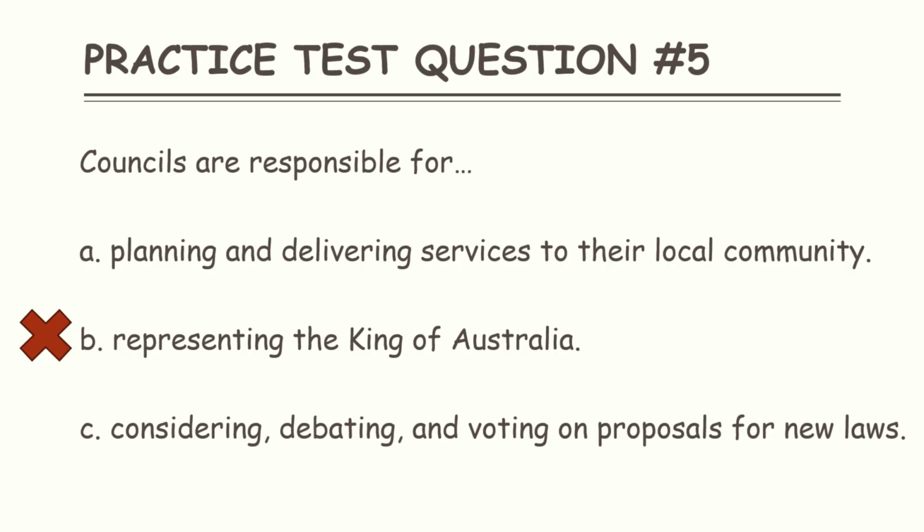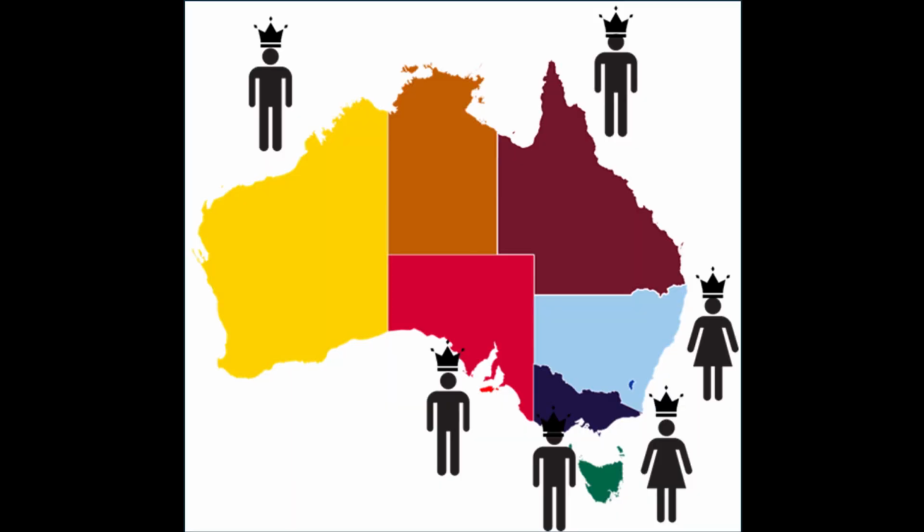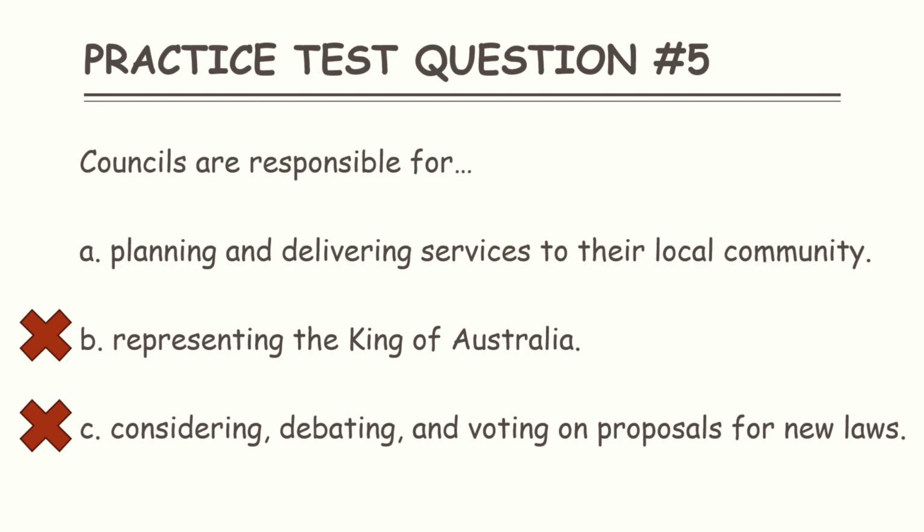We know that B, councils are responsible for representing the King of Australia, is not correct. The Governor-General represents the King of Australia at the federal level, whilst governors represent the King of Australia at the state level. We know that C, councils are responsible for considering, debating, and voting on proposals for new laws, is not correct.